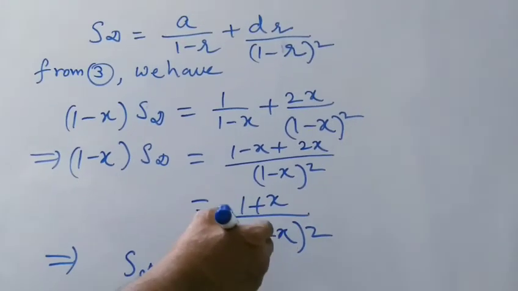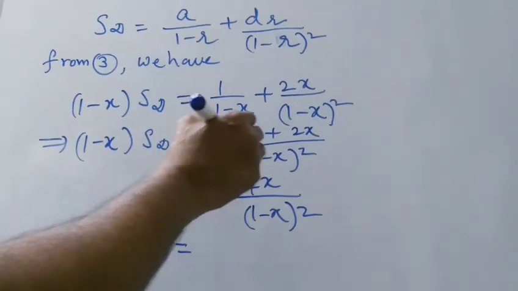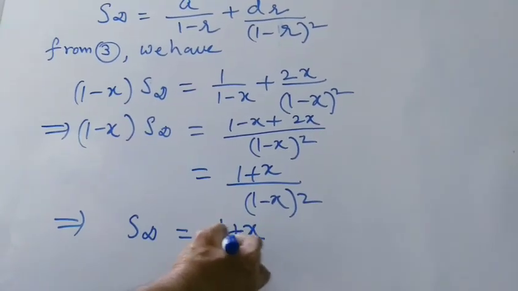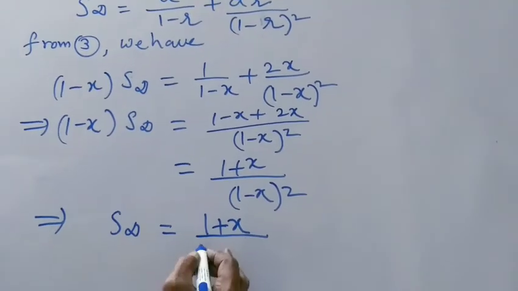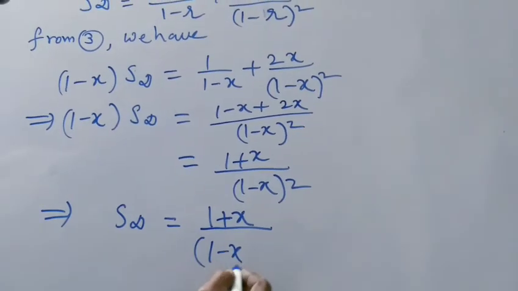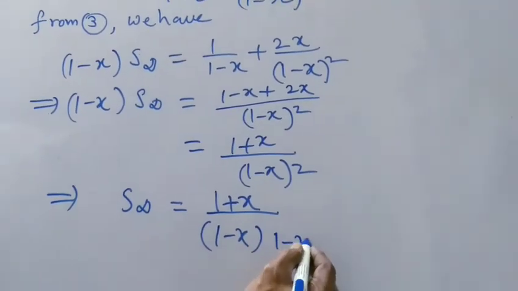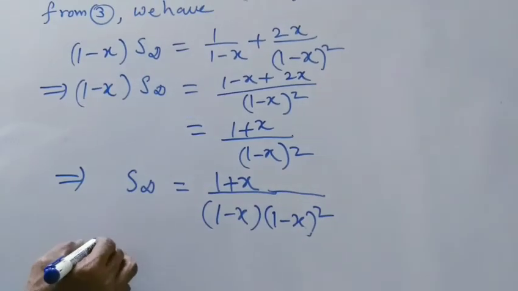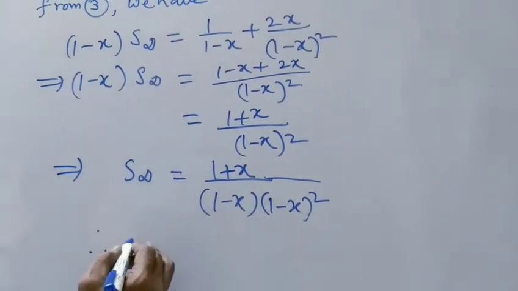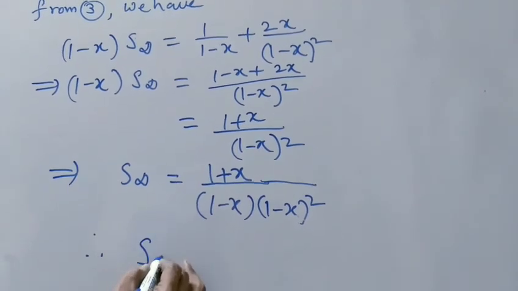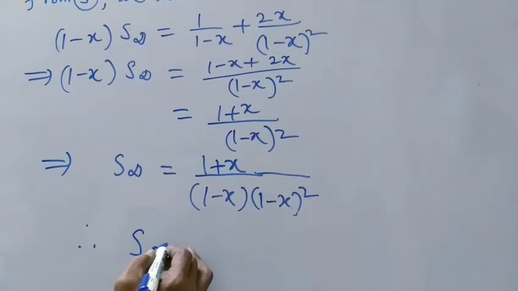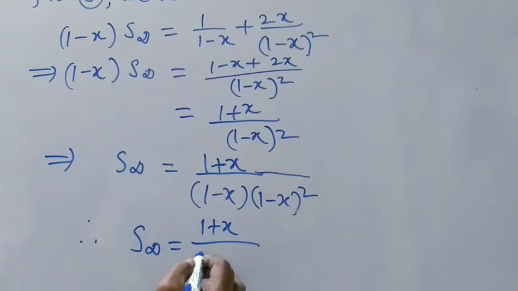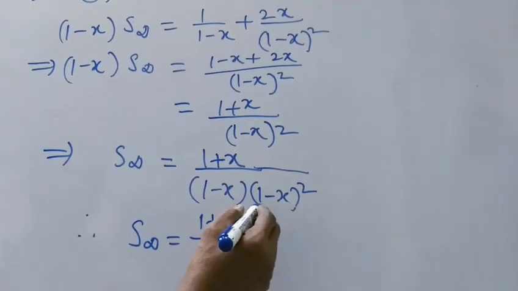So the sum to infinity of the arithmetico-geometric progression is 1 plus x by (1 minus x) into (1 minus x) whole square.